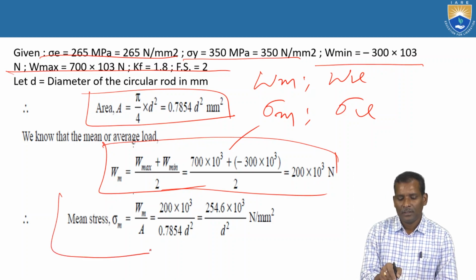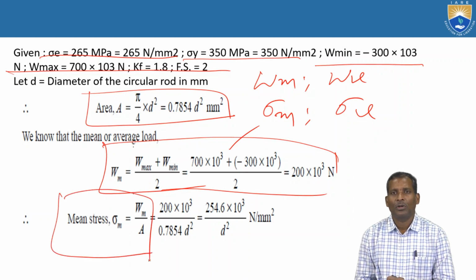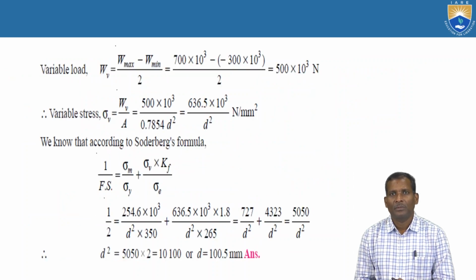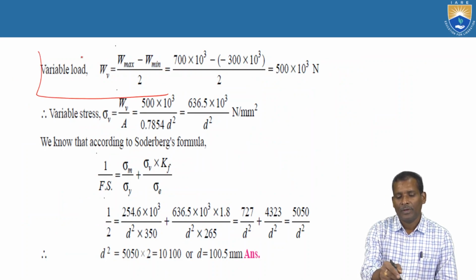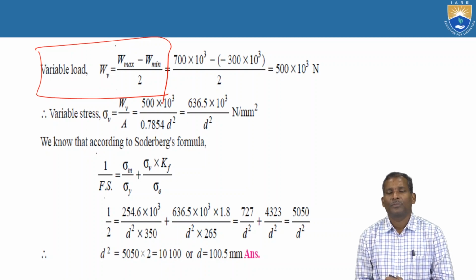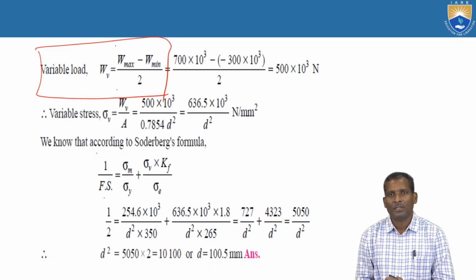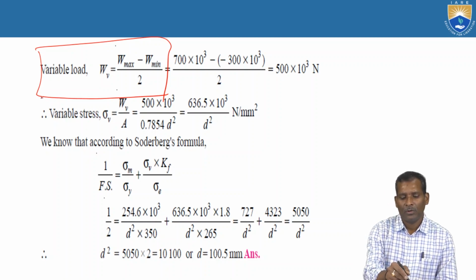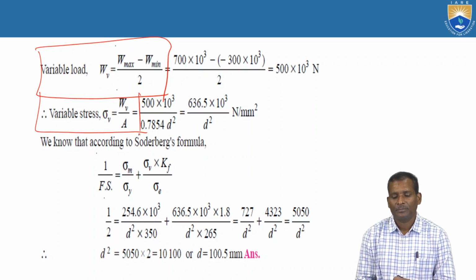Mean stress you may calculate as load upon area. Clear? So you will get it in terms of D. Similarly calculate the variable load. Variable load is equal to W max minus W min by 2. Variable stress is equal to variable load upon area.